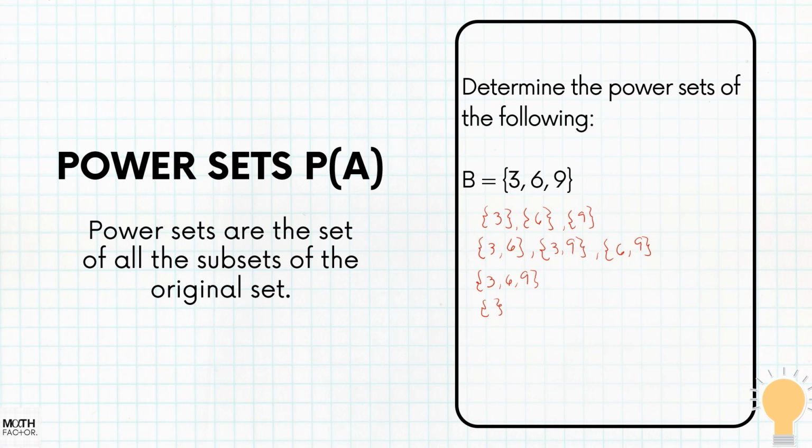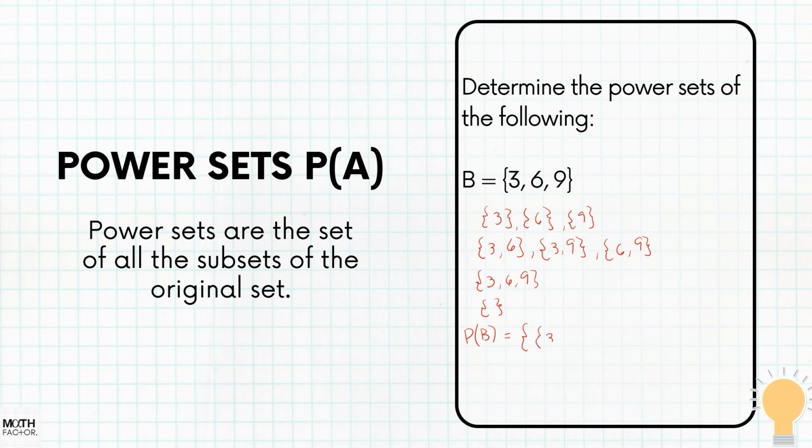For our power set, since we are using set B, we will use P of B. Then we will write all of the subsets as its elements.